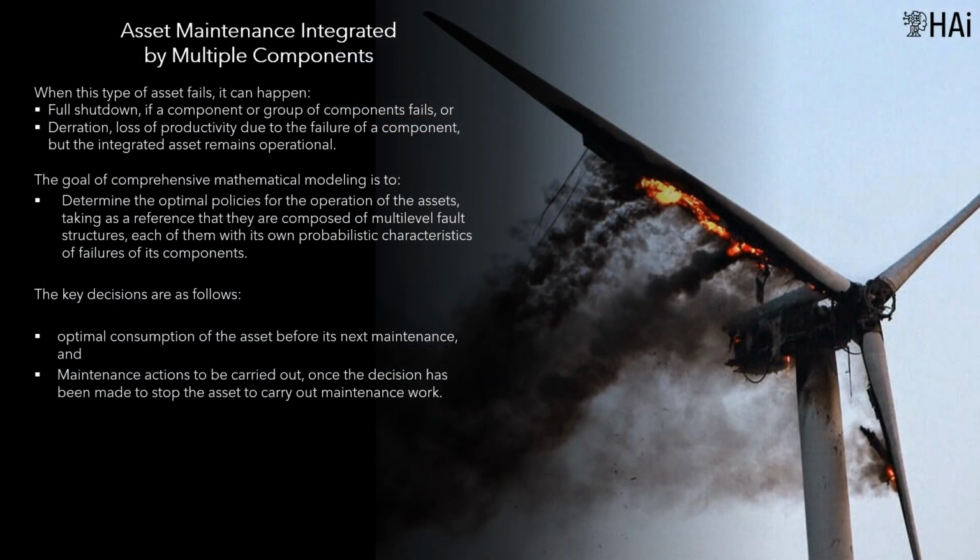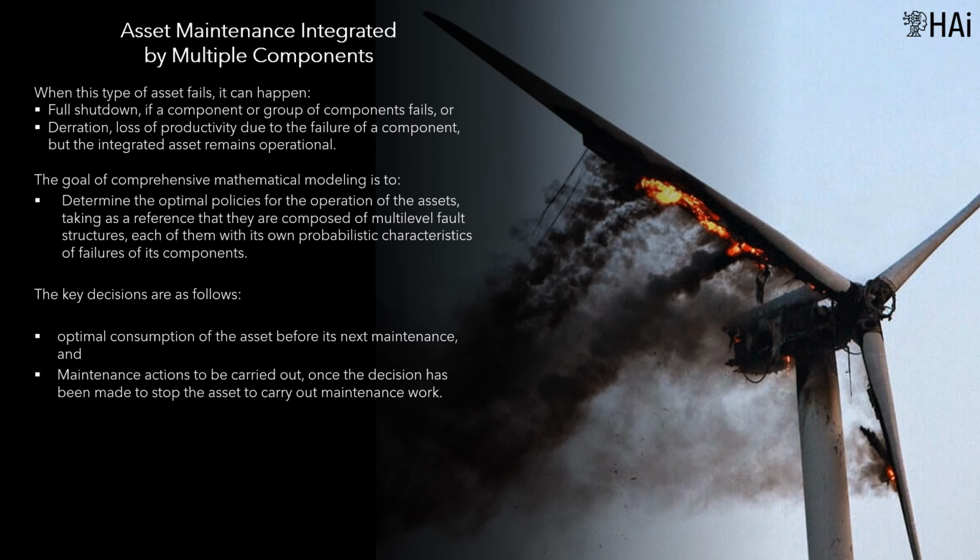Asset maintenance integrated by multiple components. When this type of asset fails, it can happen that there is a full shutdown, if a component or group of components fails, or a loss of productivity due to the failure of a component, but the integrated asset remains operational.